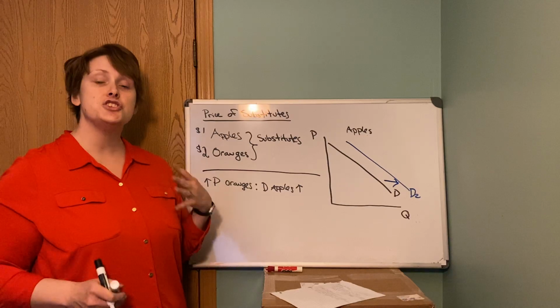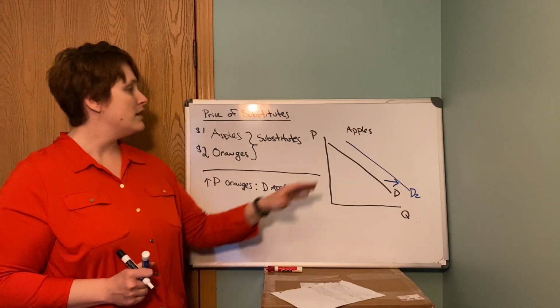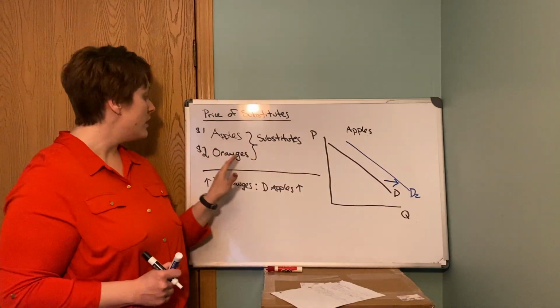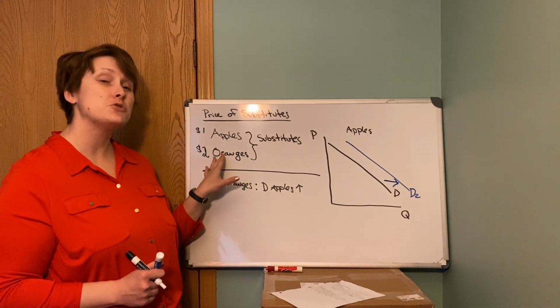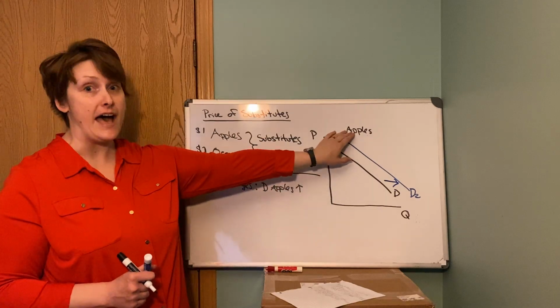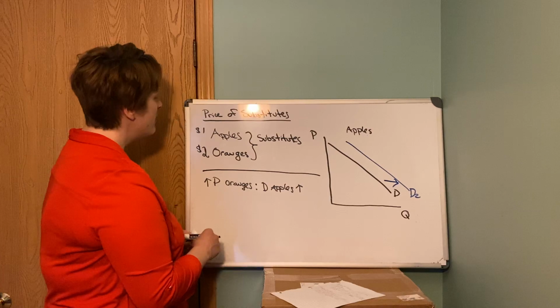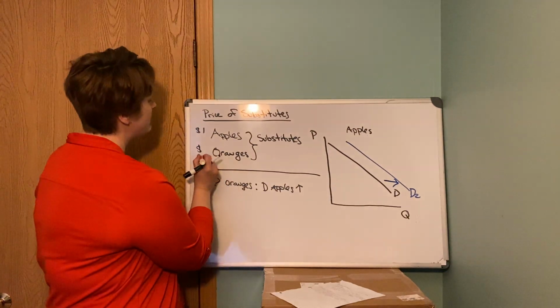So if the substitute item becomes more expensive, then we're going to substitute into the other good. So remember, we're changing the price of oranges here, and we want to know how changing the price of oranges is going to affect our consumption of apples. Let's imagine instead that the price of oranges is now only 75 cents.